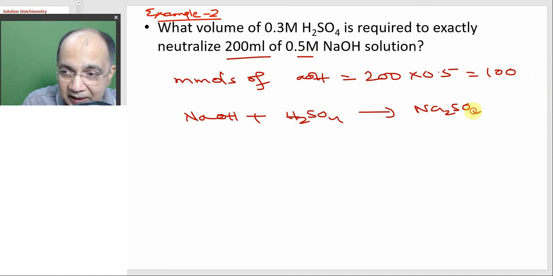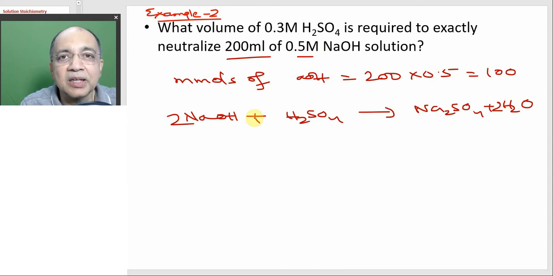Let us balance it. So this is 2, this is 2. So the ratio is 2:1 because in mole method the ratio may be 1:1, maybe 2:1, maybe 2:3, 3:5. That depends on the balanced equation.